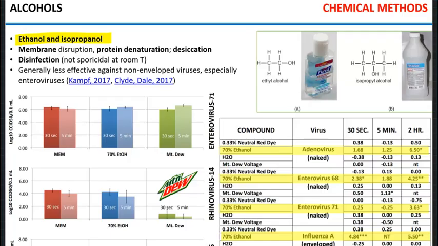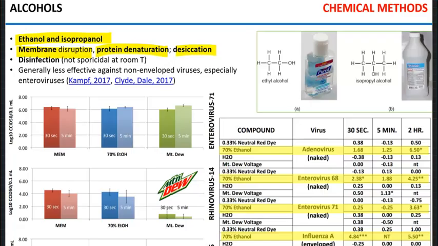If they drink methanol, by the time they realize they poisoned themselves, they're on the route to probably hell. Okay? Does that make sense? So this is why we use those. How do they work? They disrupt the membrane, denature protein, and suck the water out of the cells.